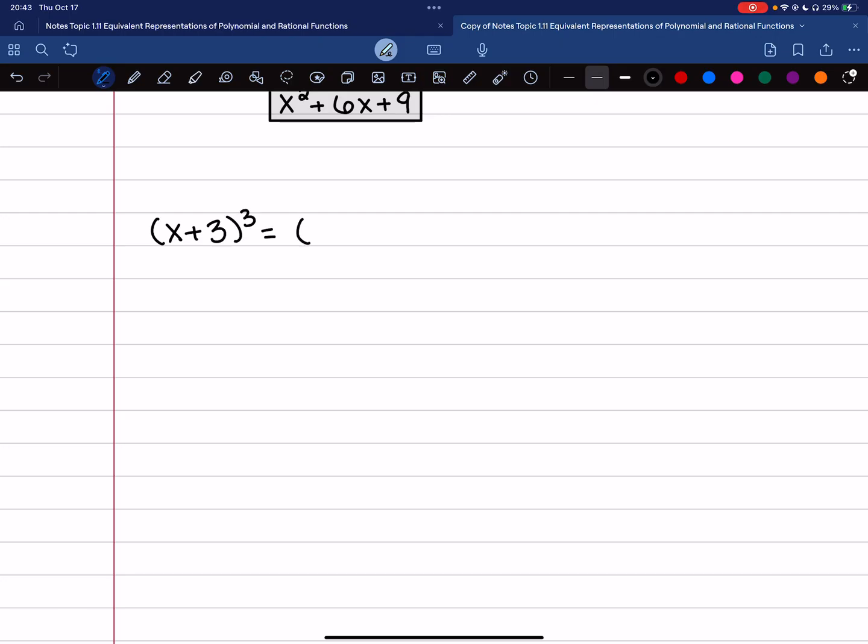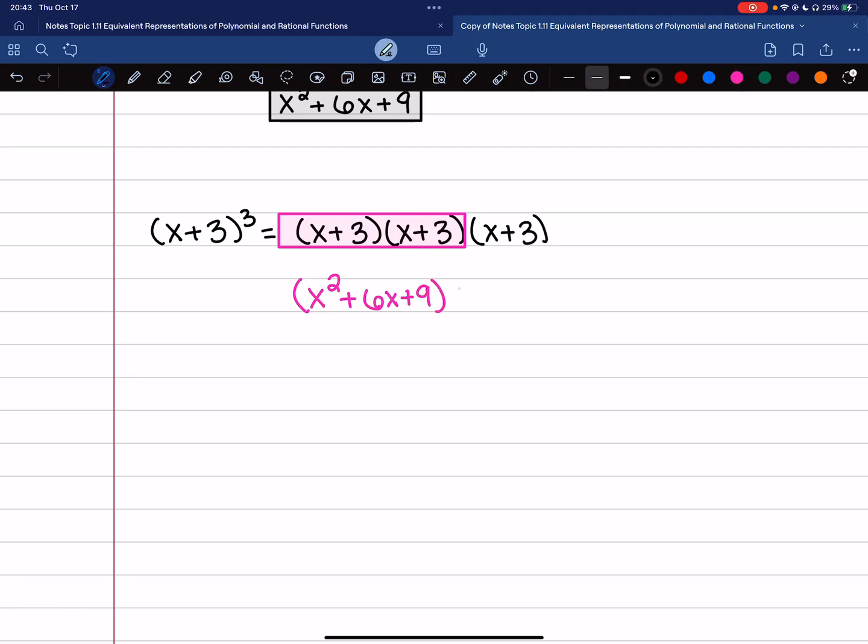That now means we have x plus 3 times x plus 3 times x plus 3. Well, we have already multiplied out 2 of these, so we can replace that with what that equals, and that equals x squared plus 6x plus 9.